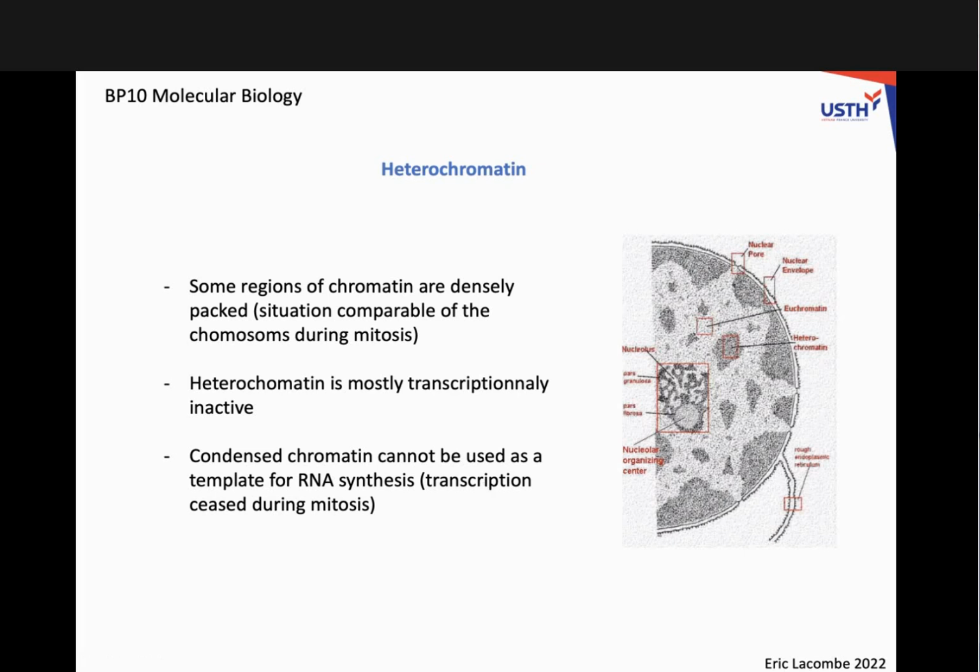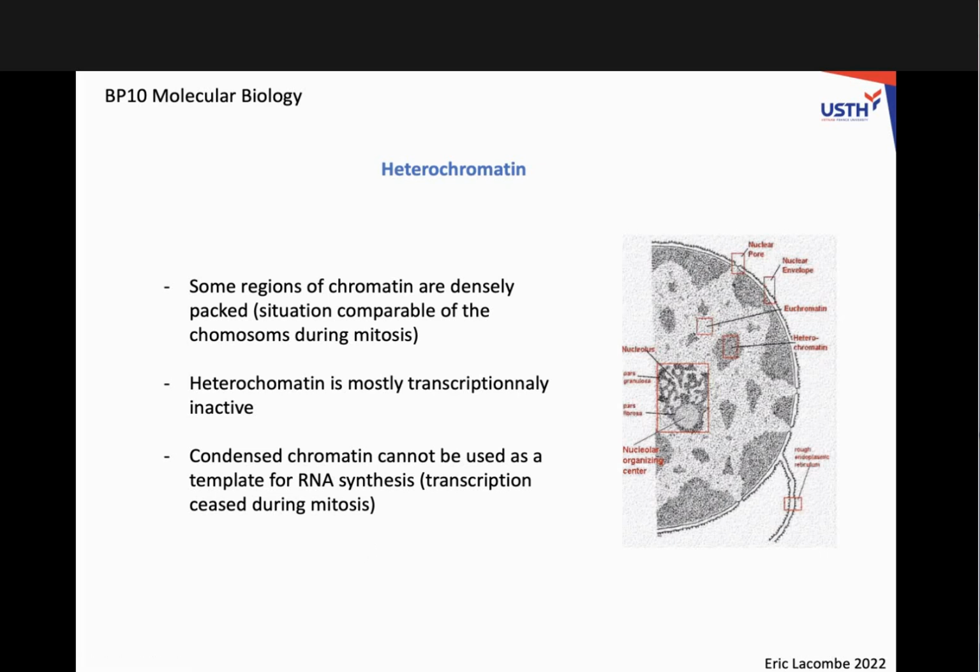So in the late stage of mitosis, when the chromosomes are packed and separated into two daughter cells, all the mechanisms inside the cell come from already existing proteins. There is no transcription, okay? And then transcription starts again when the two daughter cells are separated.